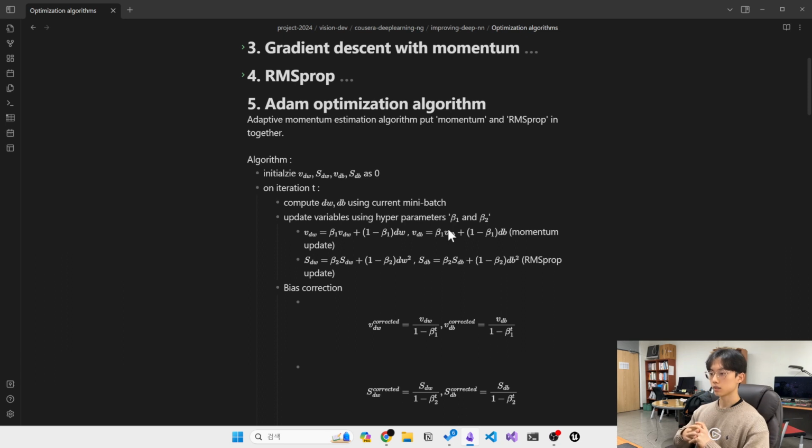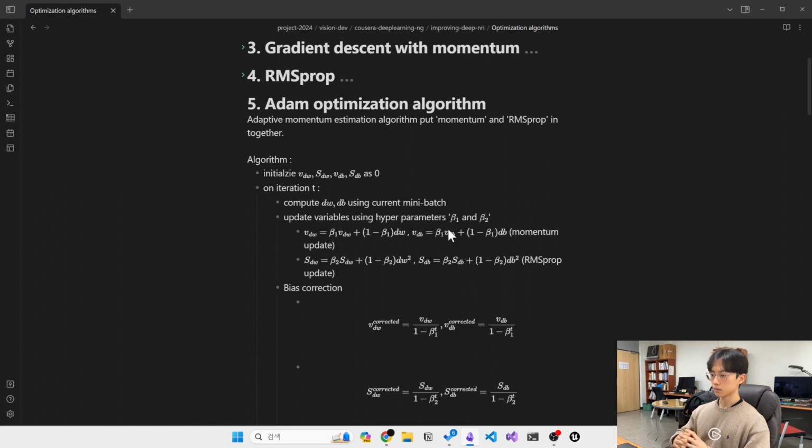The basic idea of Adam optimization algorithm is to use the advantages of RMSprop and the momentum algorithm. As we remember, we use the exponentially weighted average concept in gradient descent to keep the momentum of the direction of gradient descent.